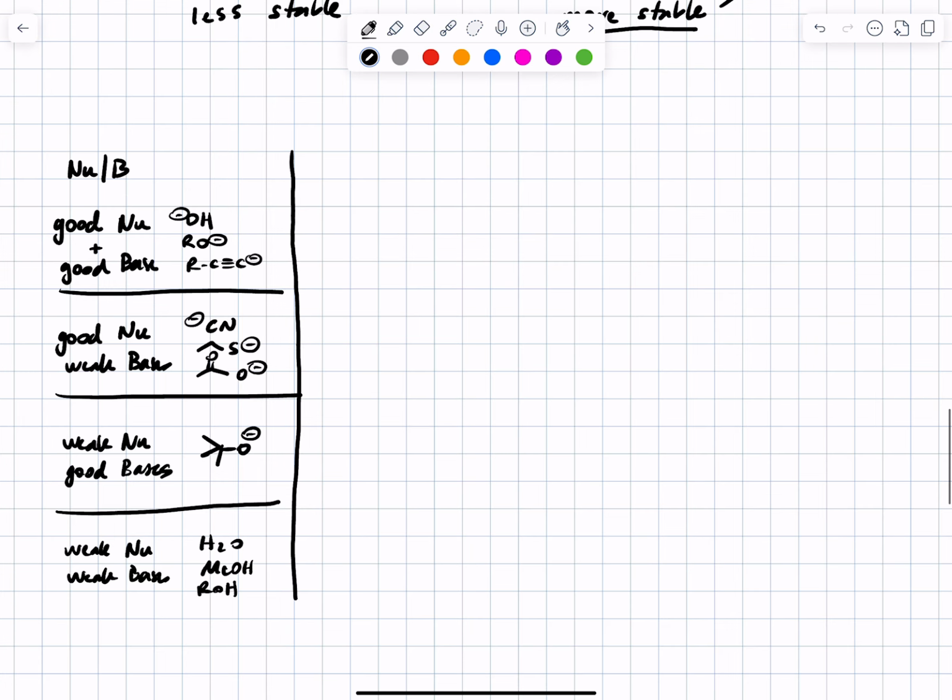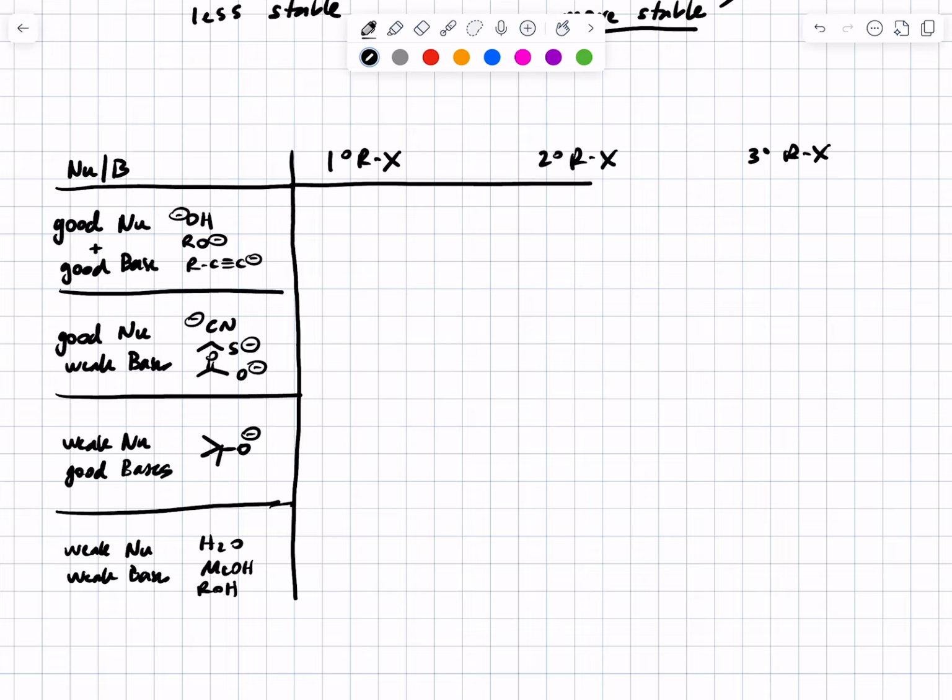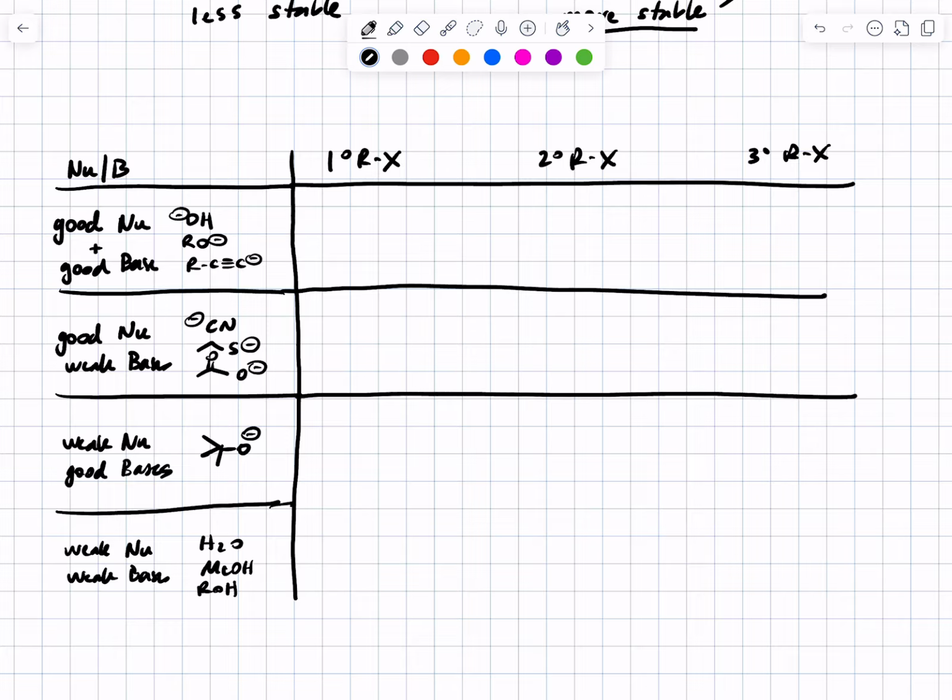And then we're going to consider how each of these interface with the 3 kinds of alkyl halides, or the 3 kinds of leaving groups we'll be dealing with: primary, secondary, and tertiary. And as we go through, we're going to remember what we learned about the rate of SN2 and E2, and what we learned about SN1 and E1.